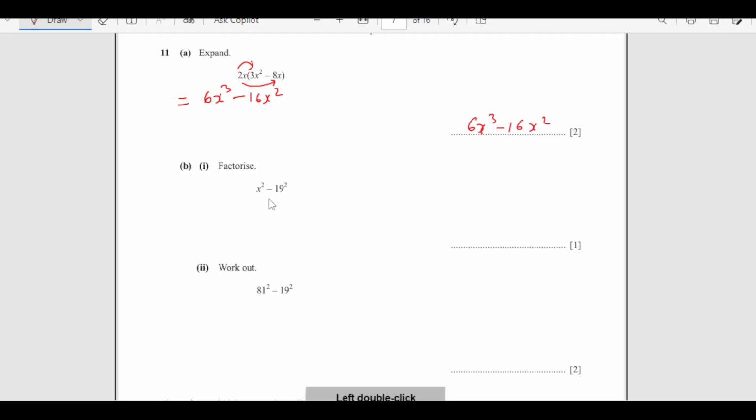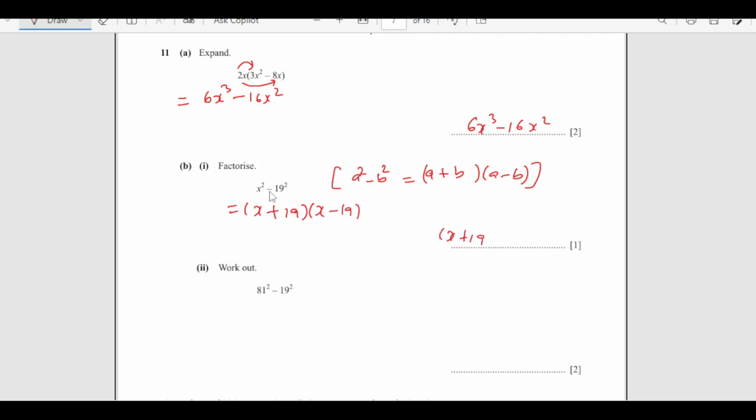Now factorize. We can use this formula, a square minus b square is equal to a plus b and a minus b, right? So this is the answer, x plus 19 and x minus 19. 1 mark question, so very simple.